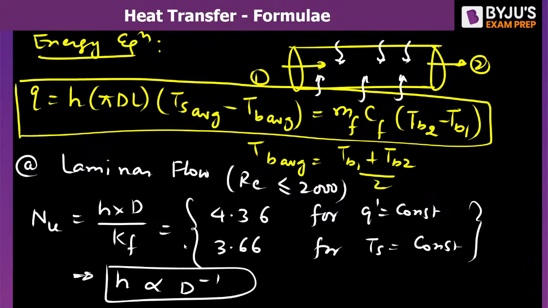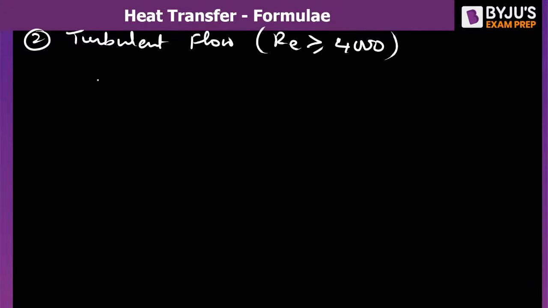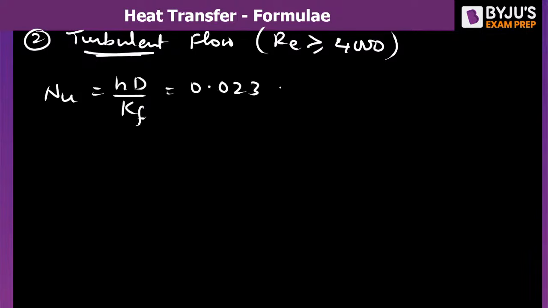For turbulent flow, when the Reynolds number is greater than 4000, the Nusselt number is given by h into D by Kf is equal to 0.023 into Reynolds number to the power 4 by 5 into Prandtl number to the power 1 by 3.